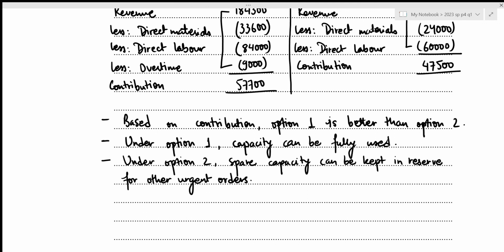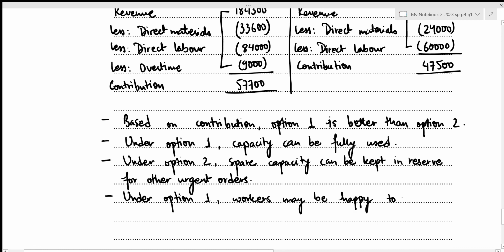Now let's talk about the overtime factors. Under option 1, we require overtime payments, which means that the workers may be happy to work overtime as they will get overtime premium as well. Let's write it down. Under option 1, workers may be happy to work overtime as they get overtime premium.